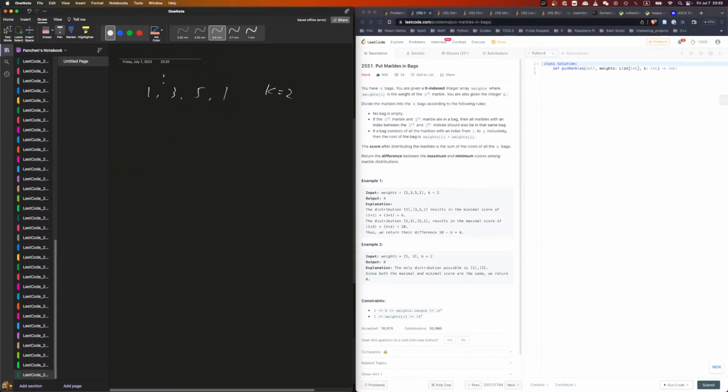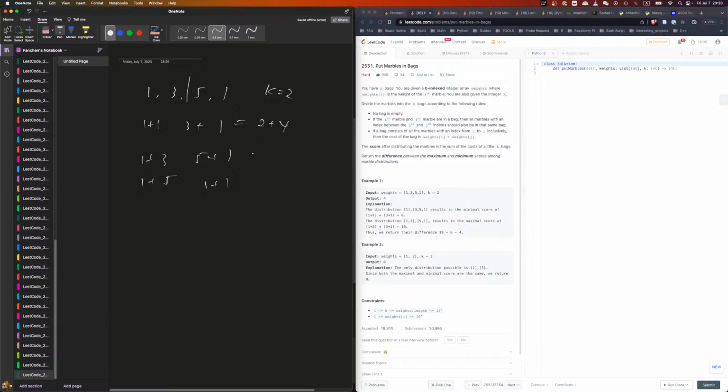Let's say we divide here: this is 1 plus 1, this is 3 plus 1. If we divide here, that's going to be 1 plus 3, 5 plus 1. Or 1 plus 5, and 1 plus 1. So that's all the possibilities.